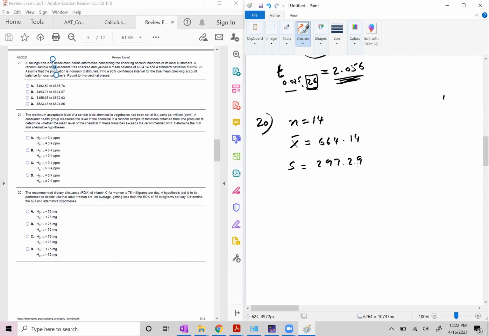Another thing: if you are confused about whether this is the sample standard deviation or the population standard deviation, there's one more point. Usually, if they are giving you the population standard deviation, they will directly use the words population standard deviation, or else they will use the notation sigma.